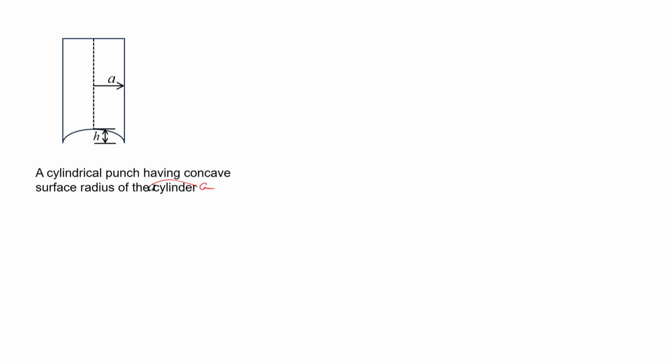So, let us say it is a concave surface over here, right. So, the question is what happens to the pressure distribution when this concave surface is first pressed against this indenter. So, remember that this is the indenter and you press against it. So, what happens is something like this. Let us say that the concave surface has this surface over here.